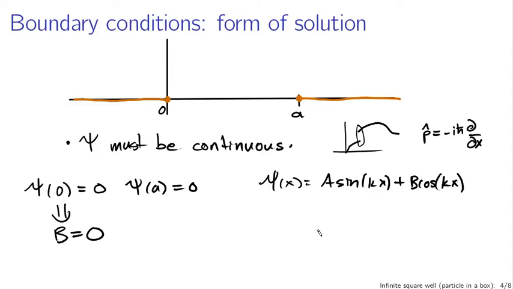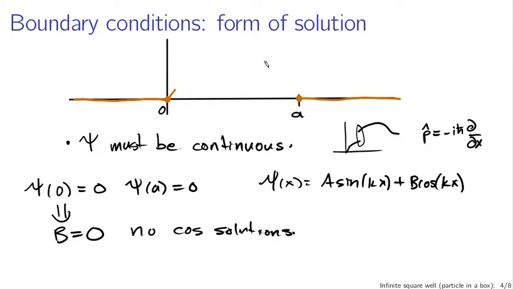So we have no cosine solutions. No cosine part to our solutions. So everything here is going to start like sines. It's going to start going up like that.